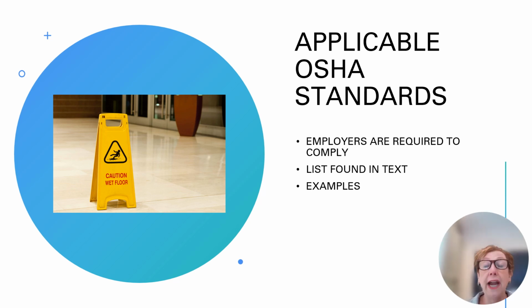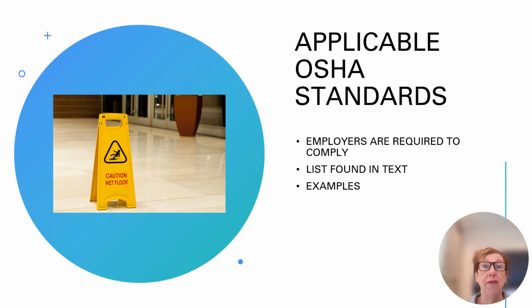Employers are required to comply with all applicable OSHA standards, such as the list found in our text. Some of these standards include keeping work areas clean, orderly, and sanitary, keeping floors clean and dry, and having emergency action plan procedures.